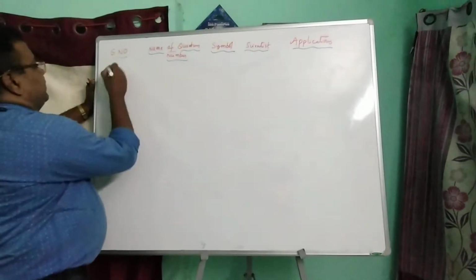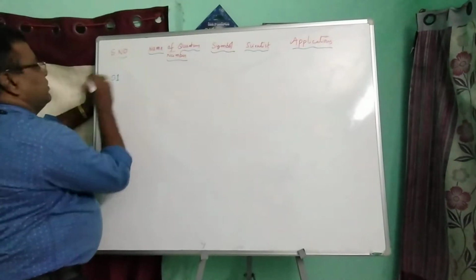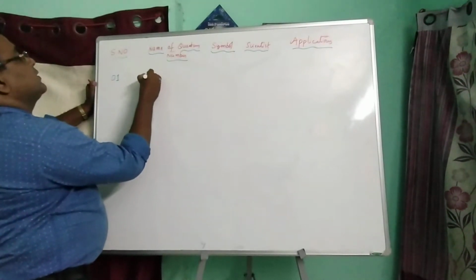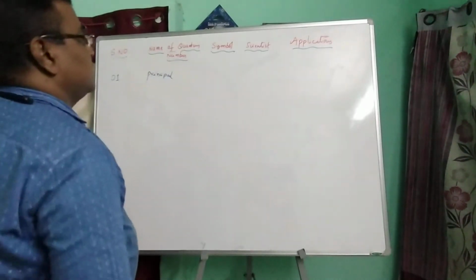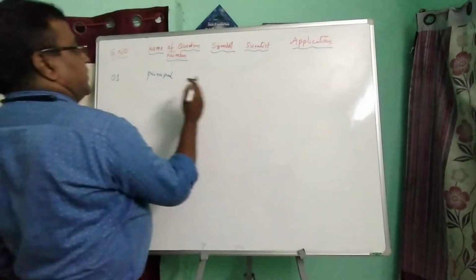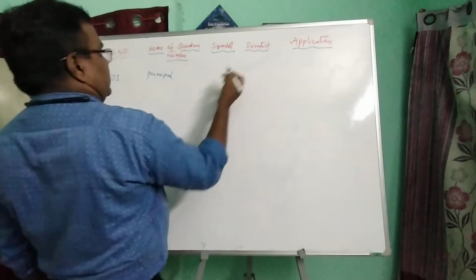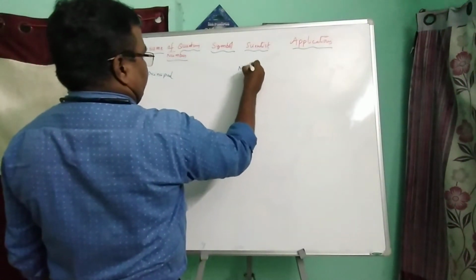So serial number 1: the name of the first quantum number is principal. The principal quantum number was discovered by Niels Bohr.